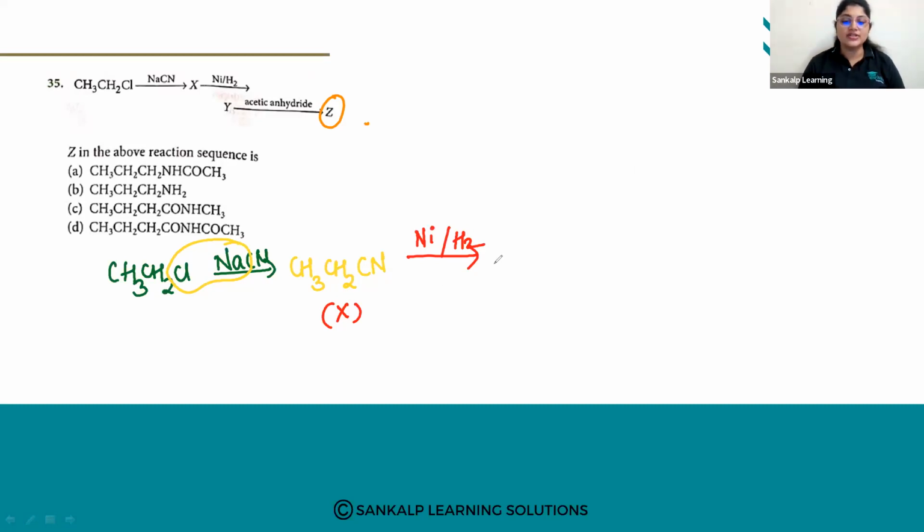This is a cyanide, there is a C triple bond N. CH3CH2C triple bond N. The addition of hydrogen will take place at this triple bond, so we get CH3, CH2, then CH2 and NH2.